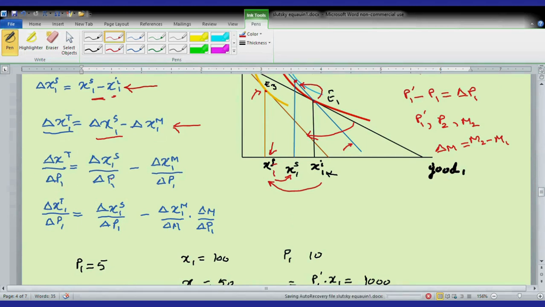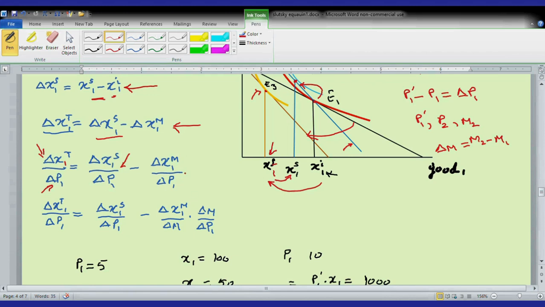When we do this, the term on the left hand side becomes the total change in consumption of good one per unit change in the price of good one, and on the right hand side the first term becomes the change in consumption of good one due to substitution effect per unit change in price of good one, and similarly the last term is the change in consumption of good one due to income effect per unit change in the price of good one.